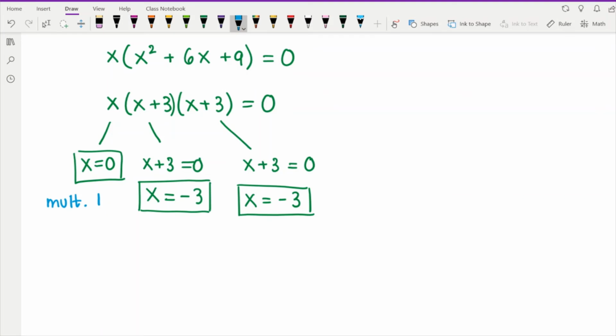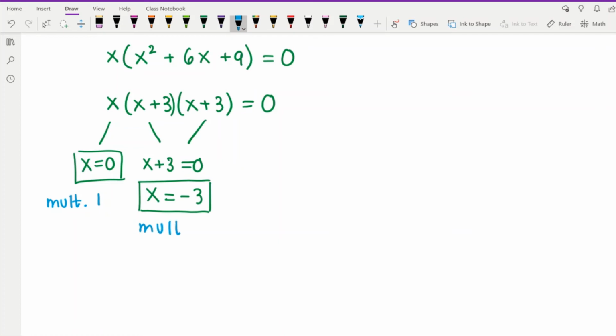Well, it appeared twice. We found the same solution twice. And so usually what you'll do is you won't write it down twice. You'll just write it down once. And if you want, you can do something like this just to really emphasize the fact that you got that solution twice. And then once you have that 0, just write down that it has multiplicity 2.